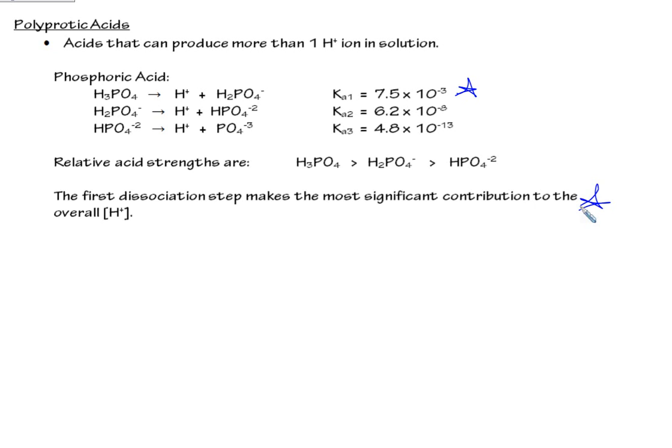These K values are so small that, to be honest with you, this is insignificant. The concentration or the amount of hydrogen that we would get from these second and third dissociations is insignificant.